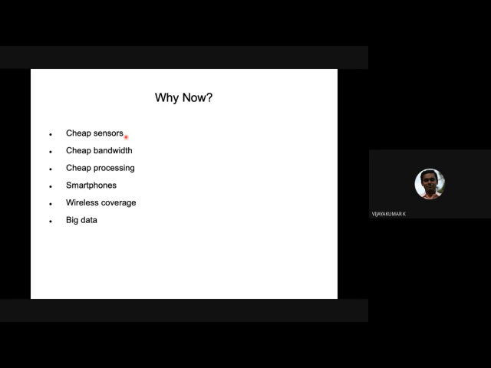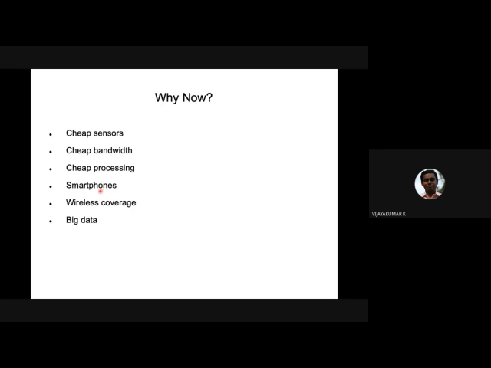Another thing is bandwidth. We have a lot of bandwidth, so communication is easier, and that is possible with low-cost bandwidth and processing techniques. Even for 50 rupees, we are getting processors, so processing the data is very easy nowadays.